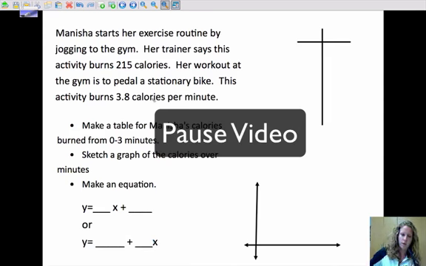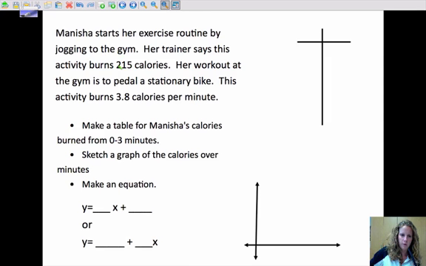So if I look here, pick out my numbers. 215, it's when she gets to the gym, that sounds like a starting value. 3.8 is calories per minute. That sounds like a slope. Okay, so if we look at minutes versus calories, at 0 minutes, she's already burned 215 calories after getting to the gym.